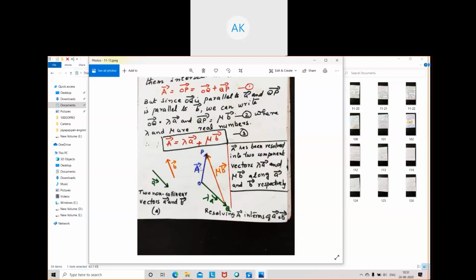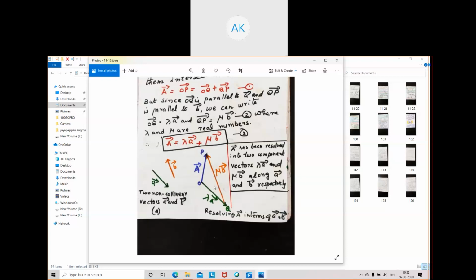Now we got the component of this vector A in the given 2 directions. So vector A we can write is equal to lambda times vector A plus mu times vector B. Now we got the components. This is the way of splitting a vector A into 2 directions.